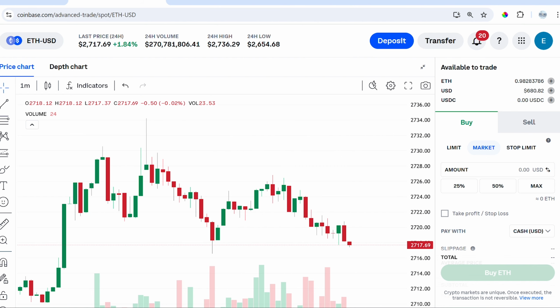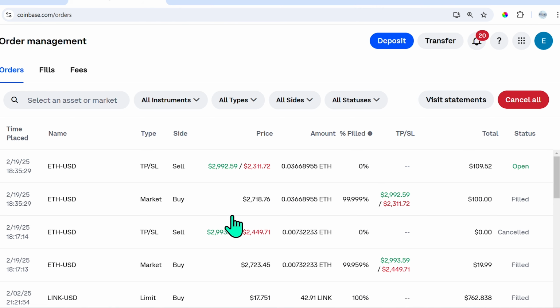Well, the reason is that we have an open order over here, so this is not available for trade at all, because we have an open order on it already. It only allows you to place other orders on the Ethereum that we don't have active orders on.